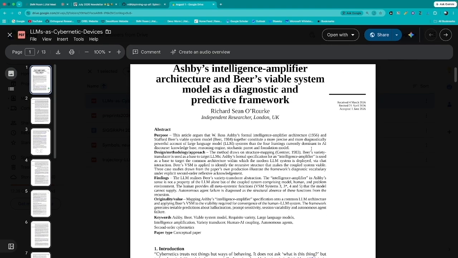So the abstract here: this article argues that W. Ross Ashby's formal intelligence amplifier architecture, which he introduced in 1956, and Stafford Beer's viable systems model, which he introduced in 1984, taken together constitute a more precise and more diagnostically powerful account of large language model systems than the four framings currently dominant in AI discourse.